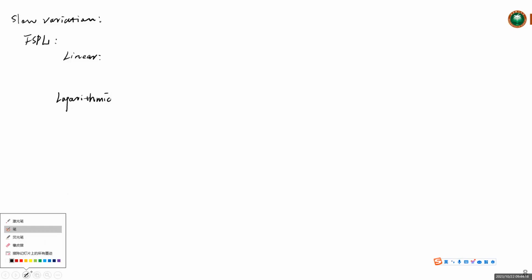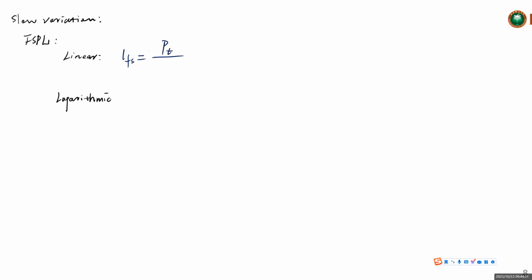For a linear unit, we express it as the transmitted power divided by the received power equals (4 pi d over lambda) squared, as we previously demonstrated, right?